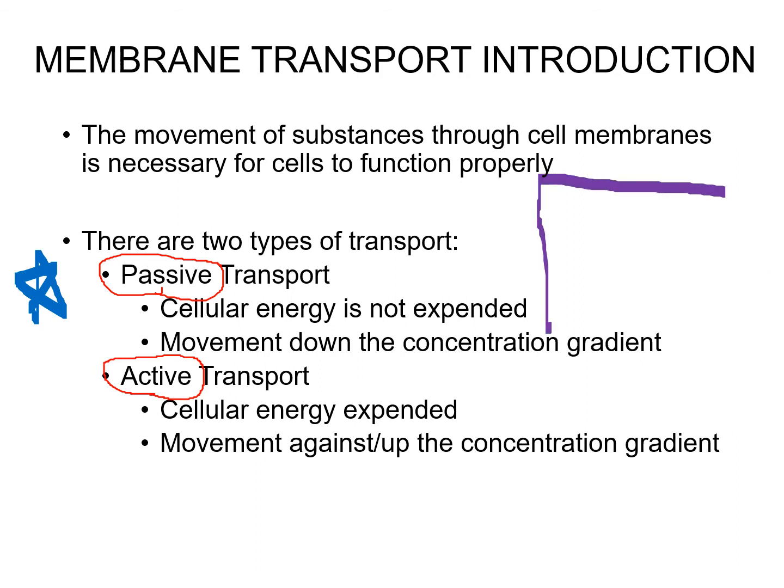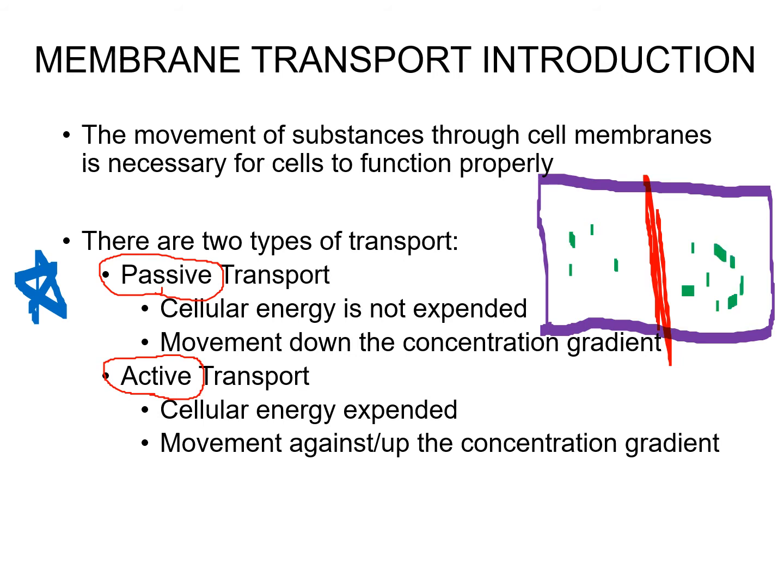So I'm going to draw my container or my beaker again, and I'm going to draw my barrier, my wall. And then here are my molecules, 3, 4, and then we'll just have a lot here. Okay, so once again, we have a concentration gradient. Do you agree? So we have a lot more on the right compared to the left.